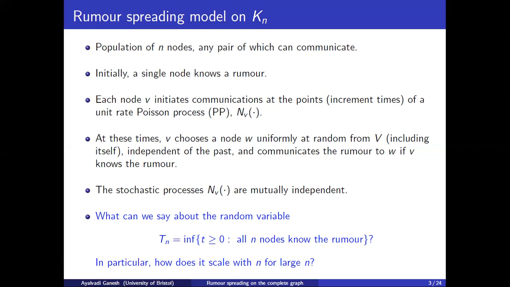In the next time step, two of them know the rumor. Each randomly picks someone to tell the rumor to. They may pick the same person, in which case one of the communications is wasted, or they may pick different people, and this continues forever, that everybody who knows the rumor randomly chooses who to tell it to in the next round. And we could analyze that process as well.